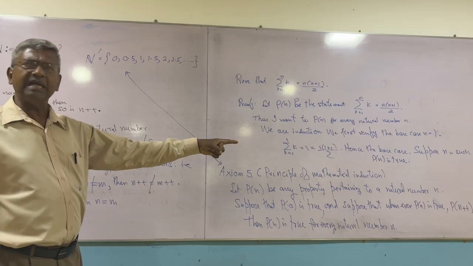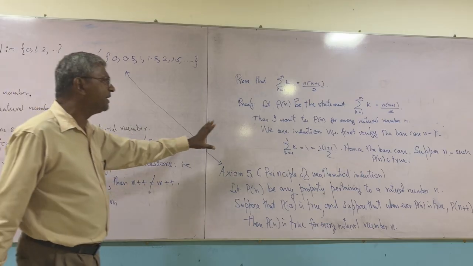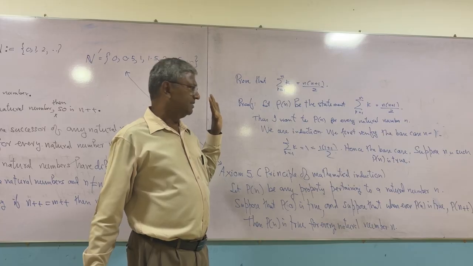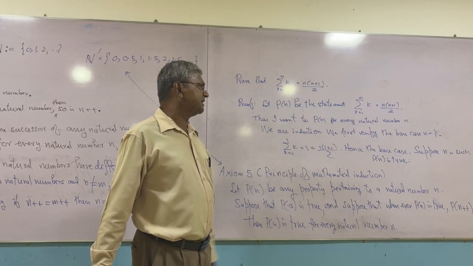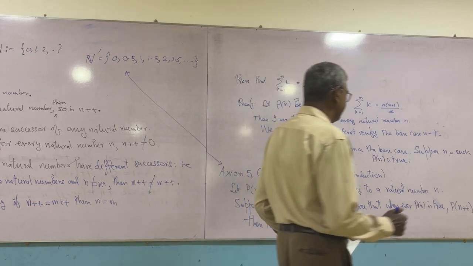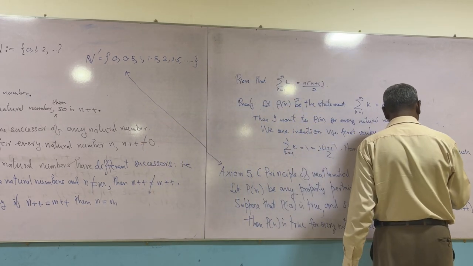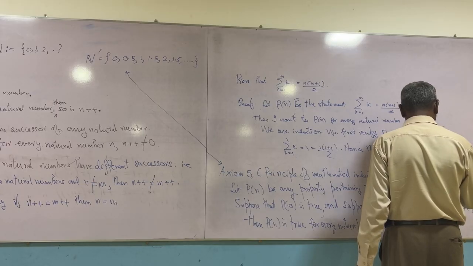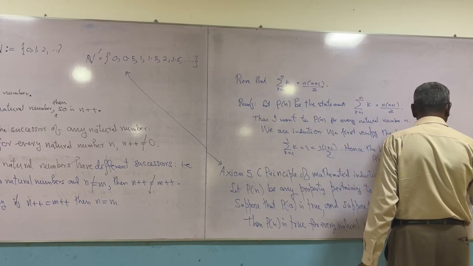I have proved P1, the base case. Now I am saying, suppose n is an integer such that Pn is true. Then what do we know? Thus, sigma k going 1 to n is equal to n times (n plus 1) divided by 2.